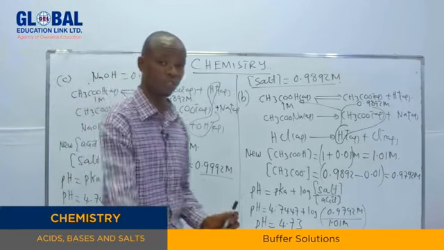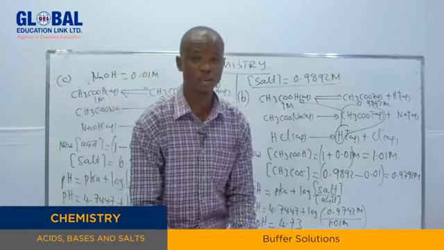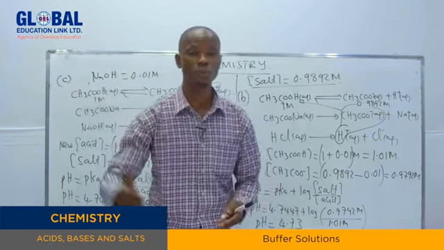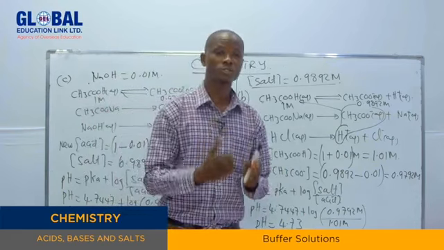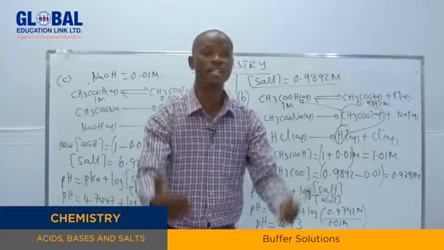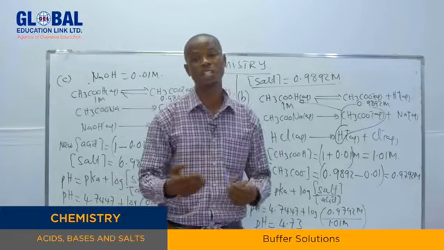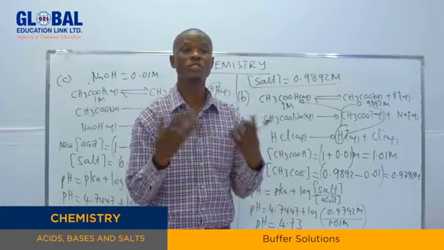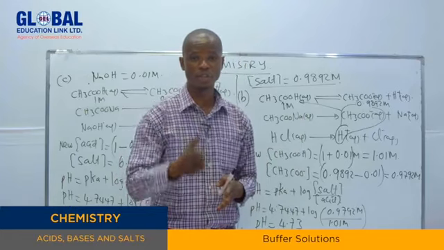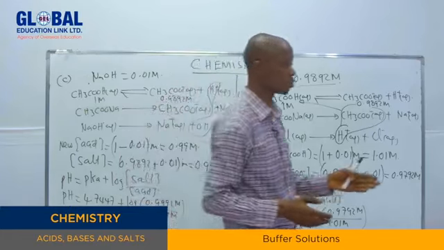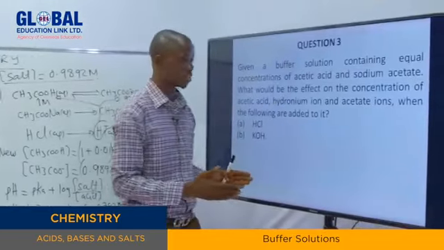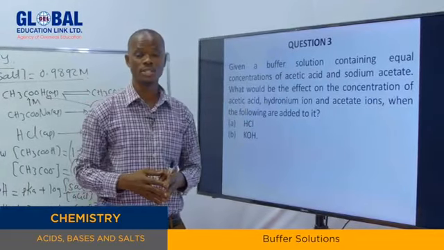Now, the concentration of the acetic acid will decrease because it will be used to produce more hydrogen ion. And the concentration of the acetate ion will increase by the same amount as the potassium hydroxide that is added. So it is very simple to answer those problems. You can take a piece of paper and try to write these questions and do it by yourself.